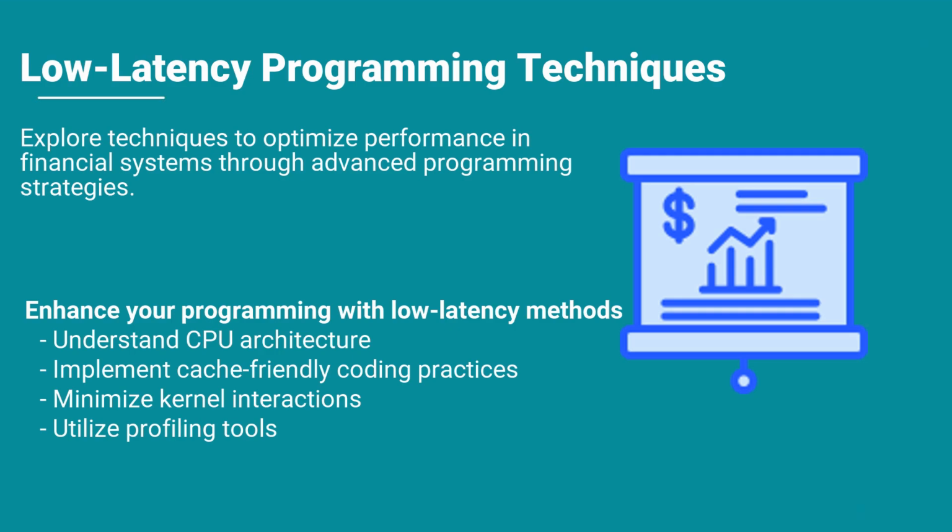As we reach the conclusion of this exploration into low-latency programming, it's evident that various techniques intertwine to provide optimal performance in financial systems. Understanding CPU architecture, implementing cache-friendly coding practices, minimizing kernel interactions, incorporating effective warm-up routines, and utilizing profiling tools are essential strategies for achieving low latency.